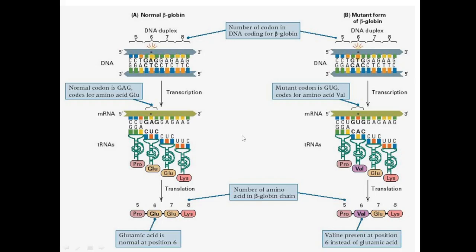It results from a mutation: instead of GAG, coding normal glutamate, if there is GTG, it will lead to valine.